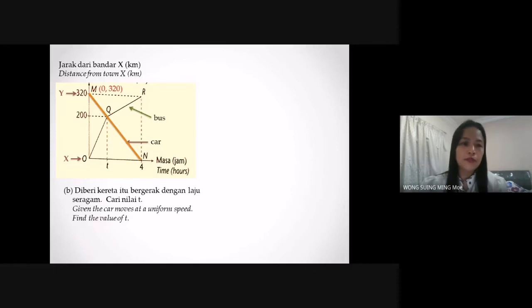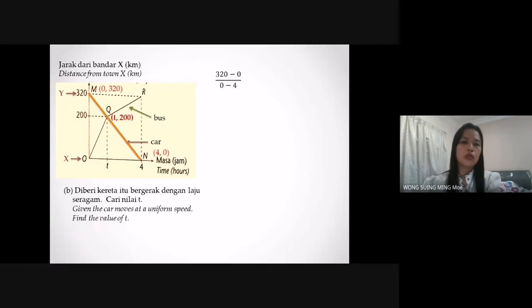Before I find the gradient of MN and MQ, I label the coordinate first. Coordinate of M is 0, 320. Coordinate of N is 4, 0. Coordinate of Q is t, 200. Now, the gradient of MN is 320 minus 0 over 0 minus 4.